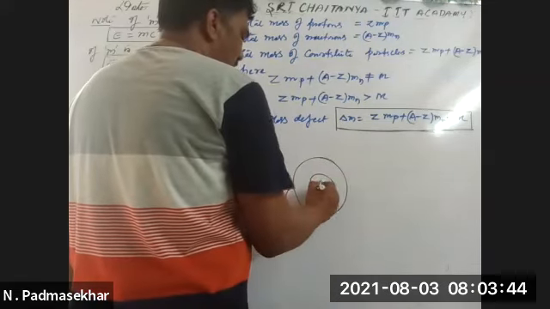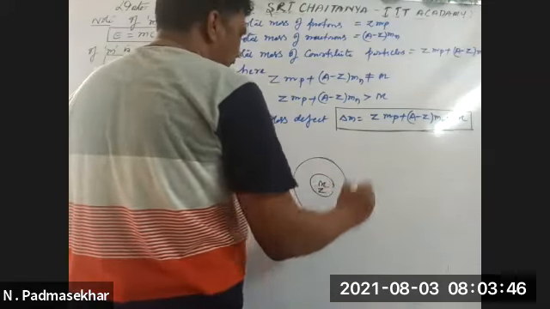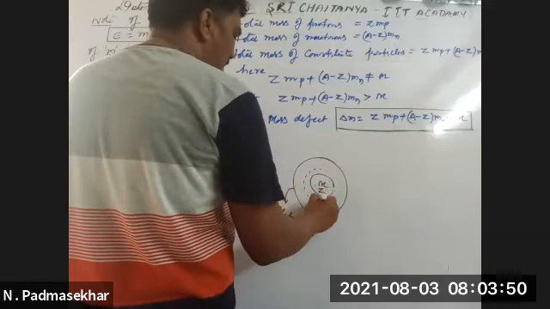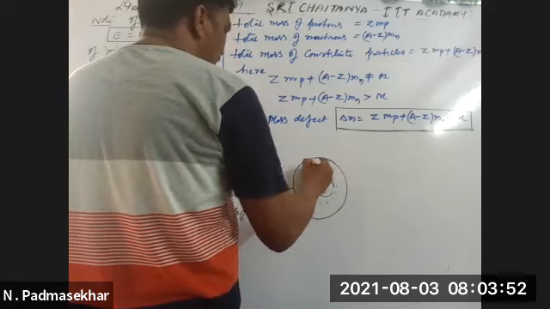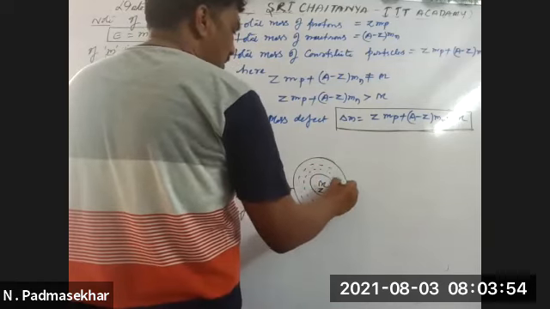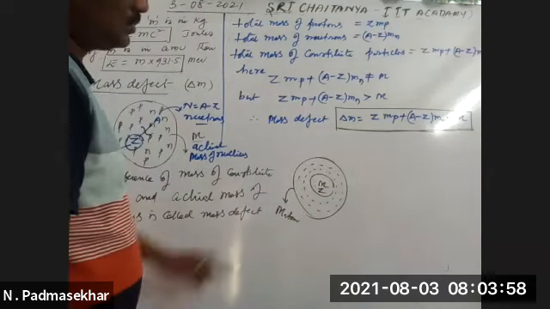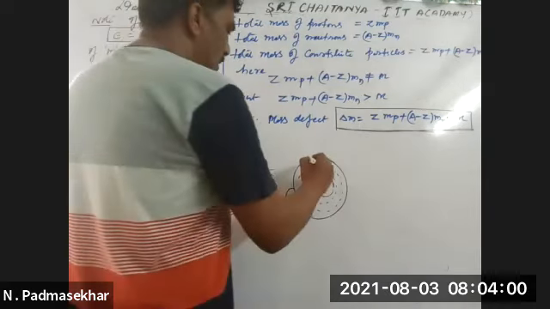Here, if the atomic number is Z, then electrons are revolving around the nucleus. How many electrons are there? Z electrons.